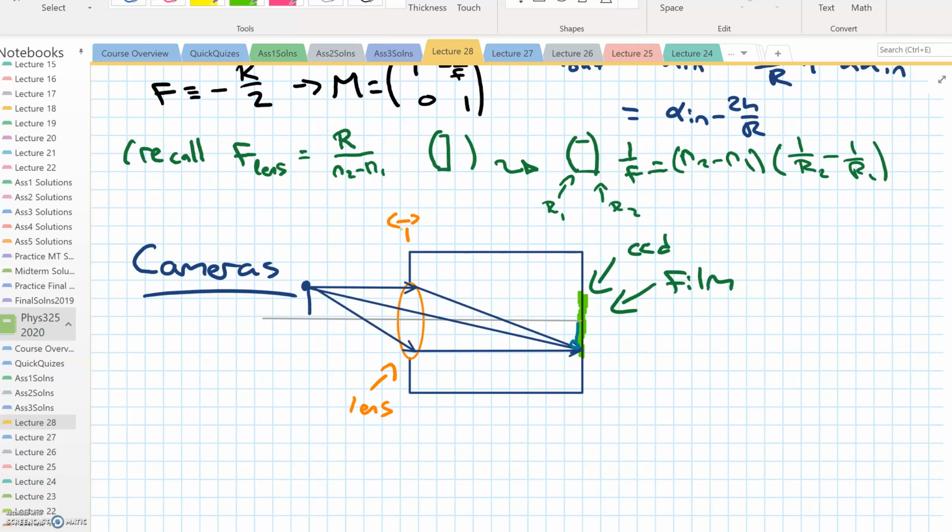So one way to do this is to adjust our so-called exposure time, or the shutter speed. So typically there's going to be a shutter, doesn't really matter where it is, that will adjust how long you let in light. But even this typically is not enough to completely take a perfect image.